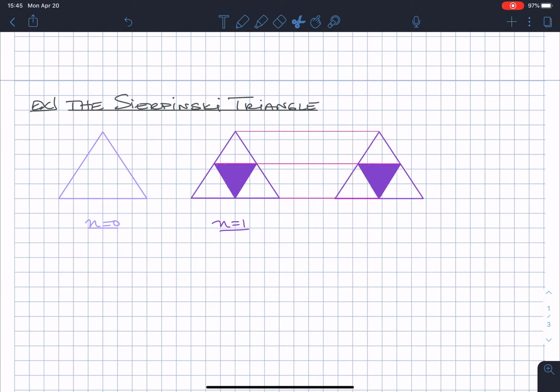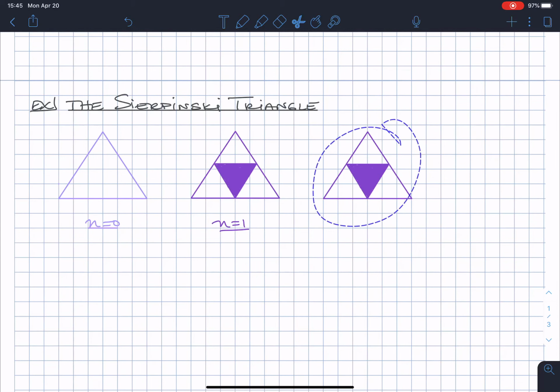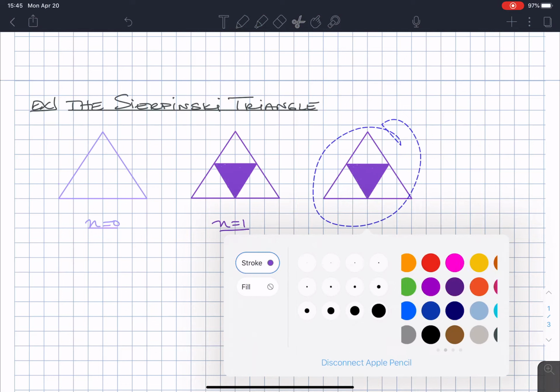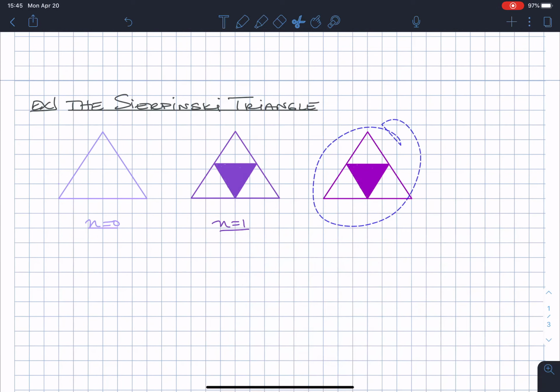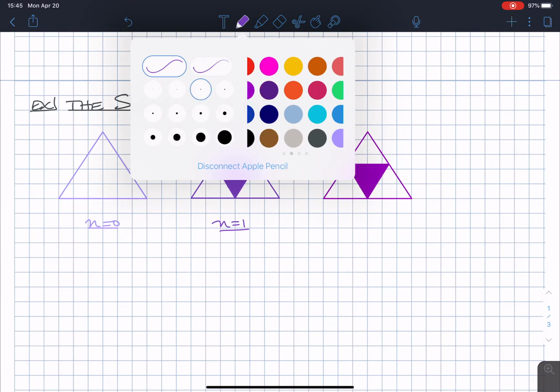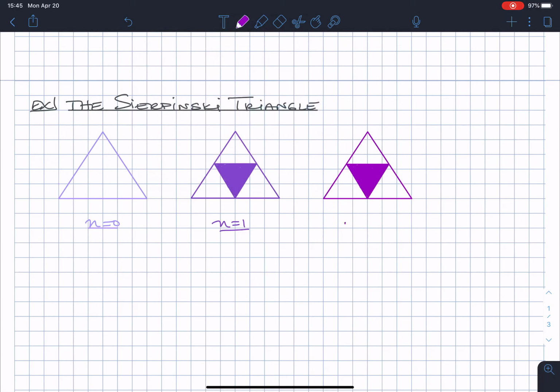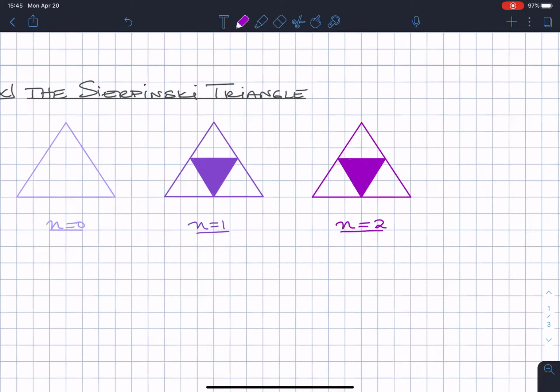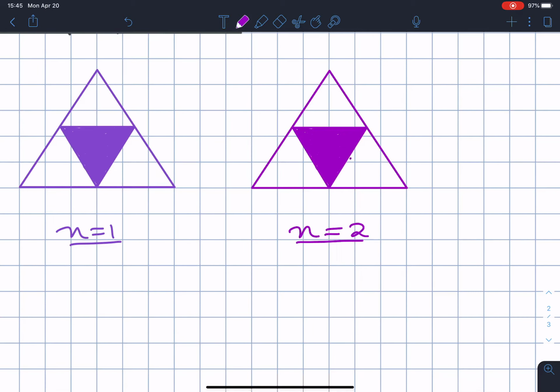So iteration 2, what is iteration 2 going to do? Well, let me make this a different color. It's going to take the remaining 3 triangles and omit from them the middle triangle.